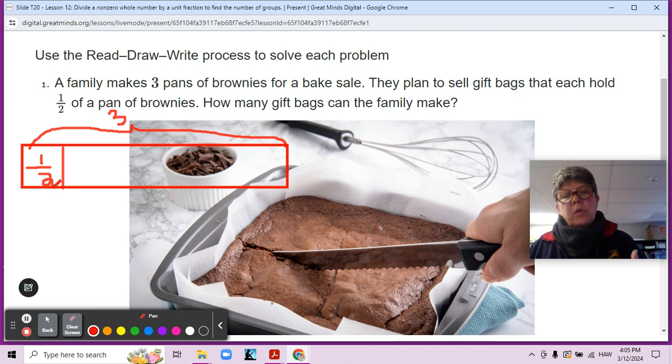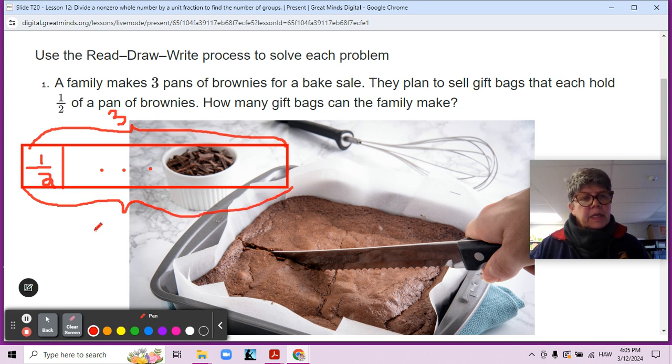Because I don't know how many halves I have or how many gift bags I can make, but I know that I have 1/2. And the problem is asking us how many gift bags we can make. So we need to find out how many halves are in 3. And here's our unknown. And then our question is how many halves.